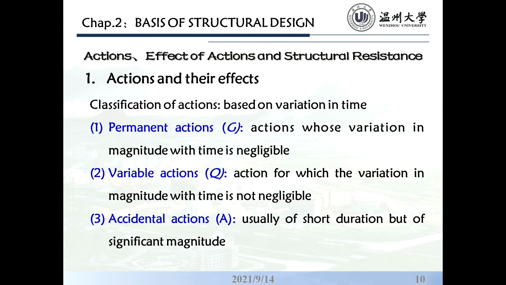This grade of concrete has the density, it has the volume. This volume does not change with the time. So the gravity of the buildings will roughly be there. So the gravity is the permanent action.